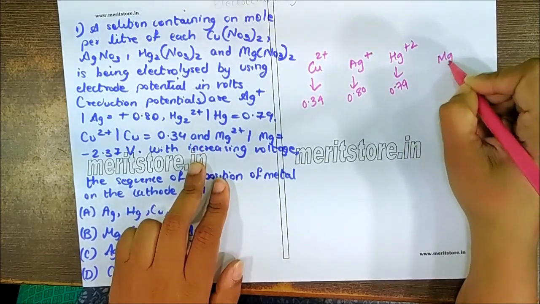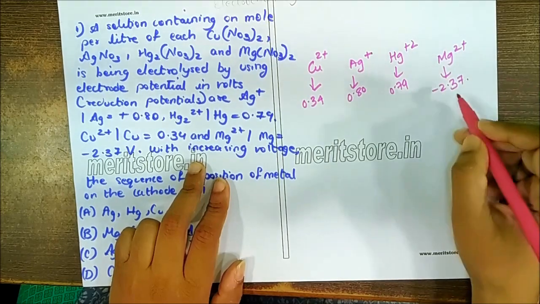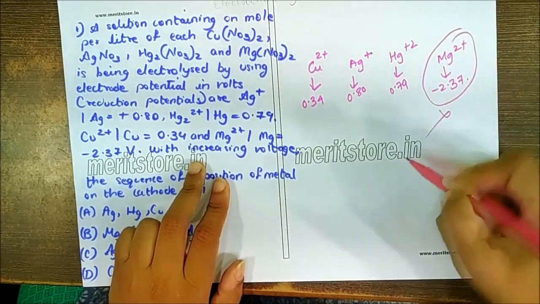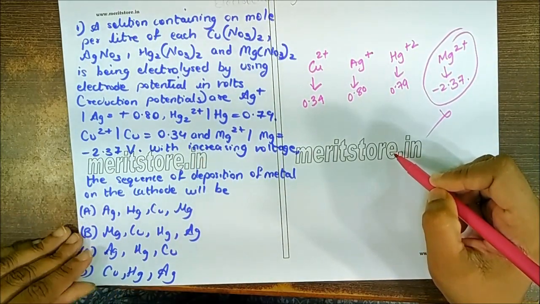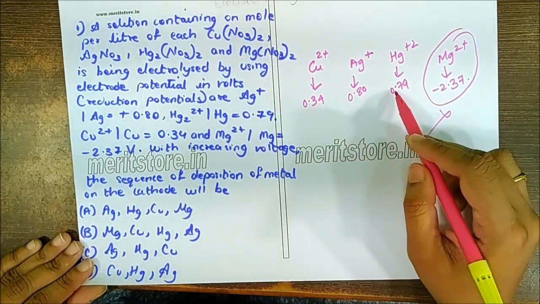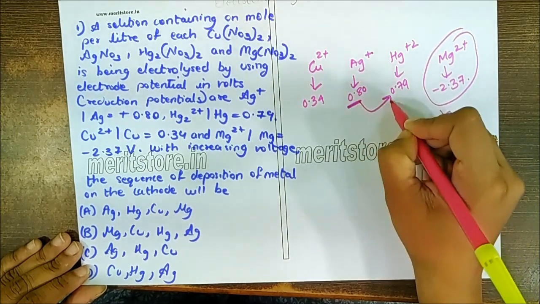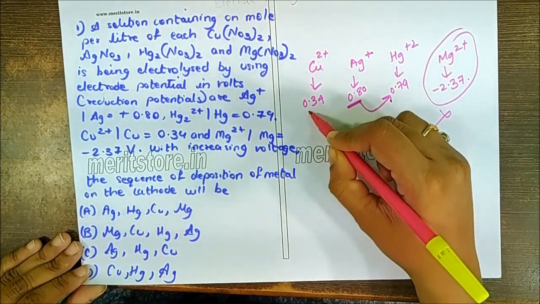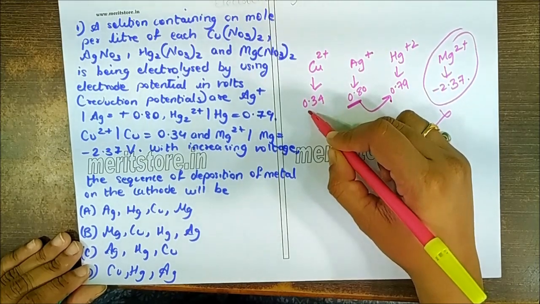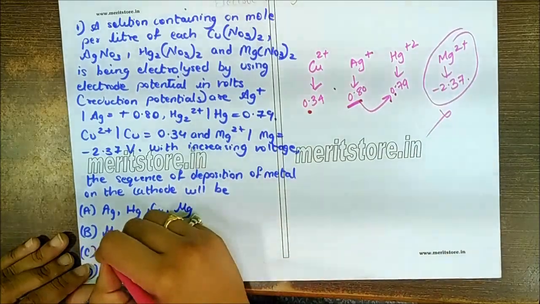And finally we have Mg2+ with the voltage of -2.37. Now Mg2+ is very difficult to deposit with the negative electrode potential. Now we have only 3 options left. In this case, the highest potential is for silver, then mercury and then copper. So in increasing order, deposition will occur for silver, then mercury and then copper. Hence the option is C.